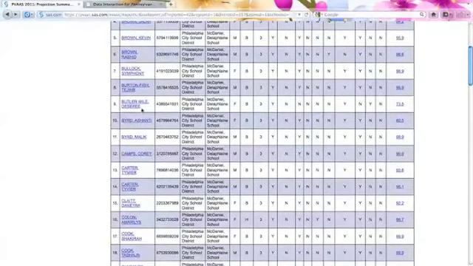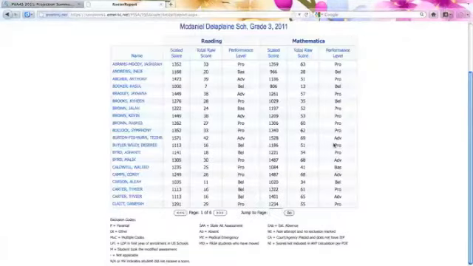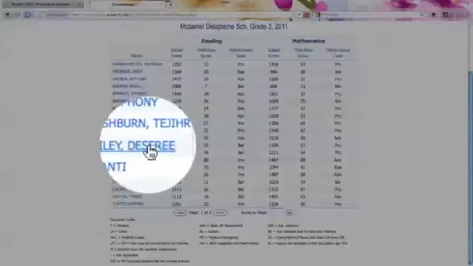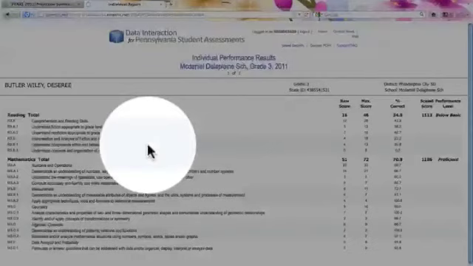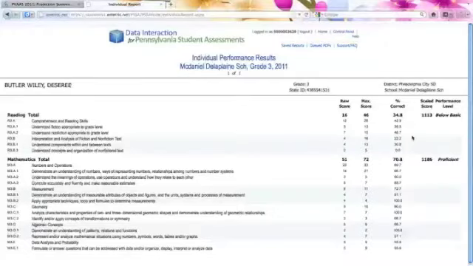So, looking on Pvaas, I identify a student. So now, knowing that this particular student has a 70% chance of scoring proficient on math, I go and I look, and I see that she already did score proficient in math, although she did score below basic in reading. So when I click the child's name, I get a better understanding of what exactly are the targeted skills for this student.